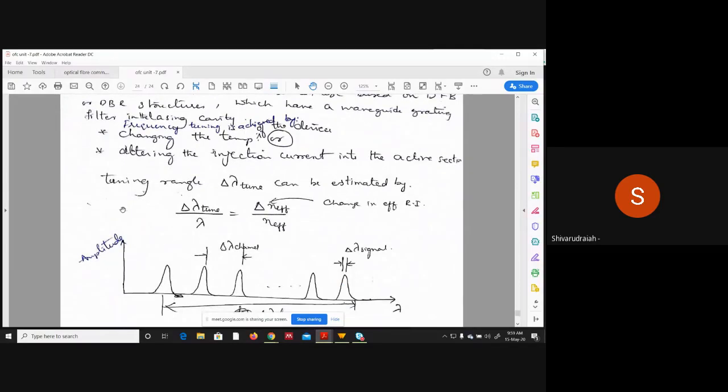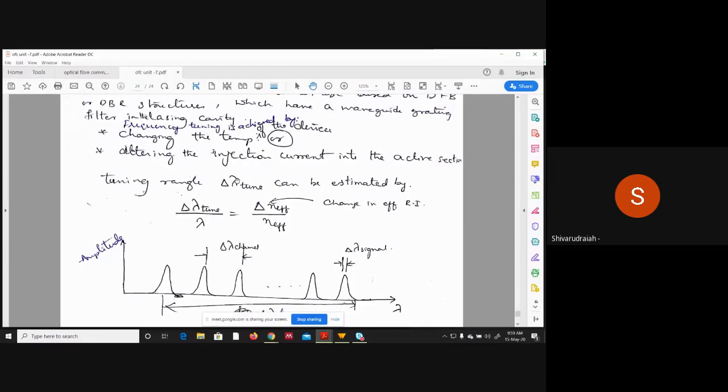What is the tuning range? We have a terminology called tuning range. Tuning range is, if you consider a single laser source, from what wavelength to what other wavelength, what is the band of wavelengths that the laser source is going to generate. For example, I can name the band as 1300 to 1350.